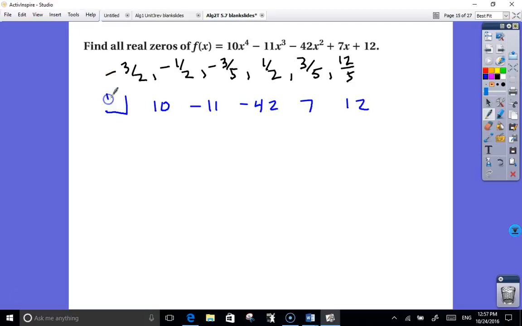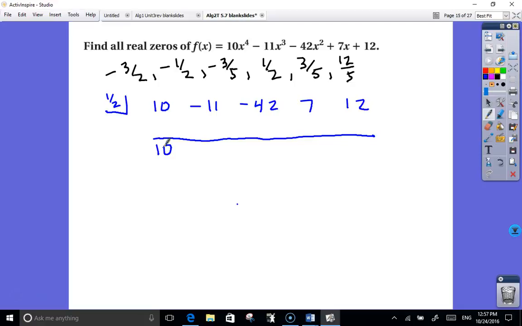So we want to stay positive. Then we bring down the 10, and we start to multiply. Now, how will we know if 1/2 is a 0? What will it look like when we get to the end? The remainder is going to be 0, right, if it works out.